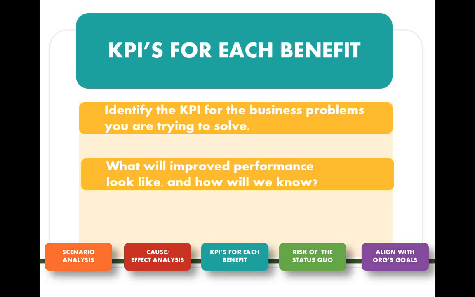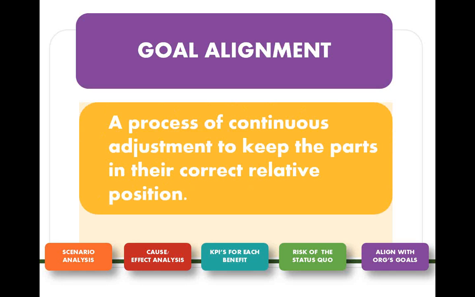And now we want to make sure that all of this is aligned with your organization's goals. Now, goal alignment. I don't want you to think that this is some nebulous, theoretical exercise that's done in a strategic planning session where we go, okay, so here's the organizational goals, here's human resources' part of it, here's customer service's part of it, here's product development's part of it, and so now we're all aligned, go forth and have a successful year, and we'll come back next year and evaluate how we did.